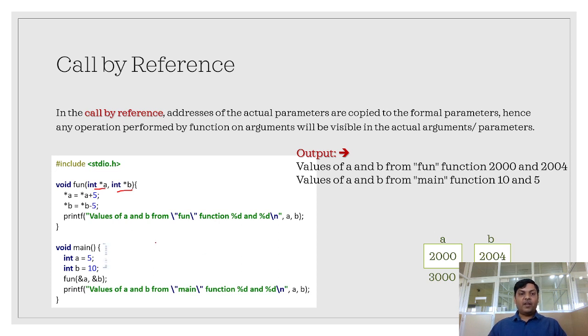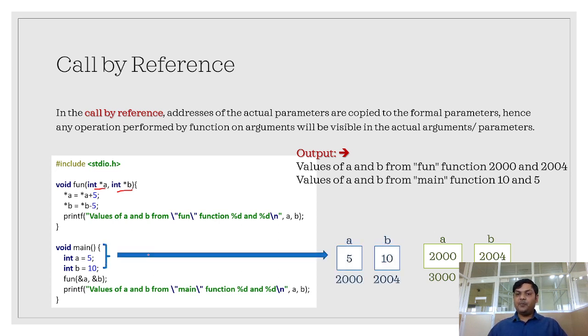When the main function is loaded in memory, the address locations 2000 and 2004 are allocated to variables a and b, where a contains the value 5 and b contains the value 10, and we pass the addresses of a and b to function fun. So what happens?